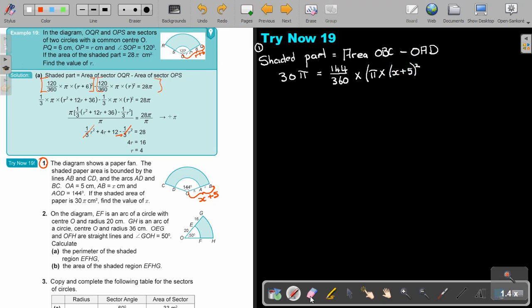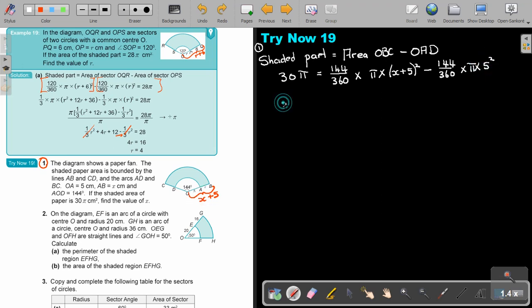Okay, it's not necessary, I think, to write this one, so I'm going to take that away. Minus, you can keep this in a bracket, but it's also not necessary. So again, it's 144 over 360, multiplied by the smaller one, which is just going to be 5 squared.